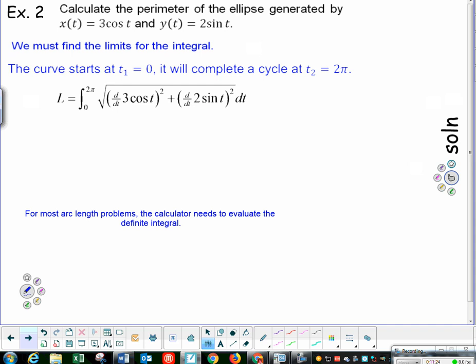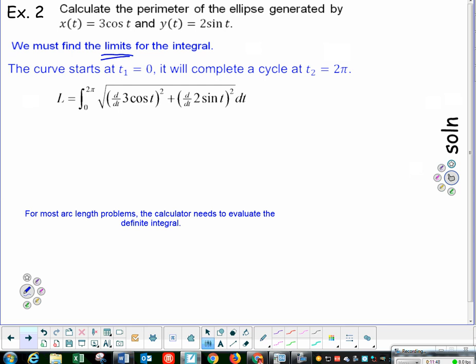Formula driven, right? The next one: calculate the perimeter of the ellipse generated by the parametric equations x of t equals 3 cosine t and y of t equals 2 sine t. In order to integrate it, I would need to find the limits of integration.